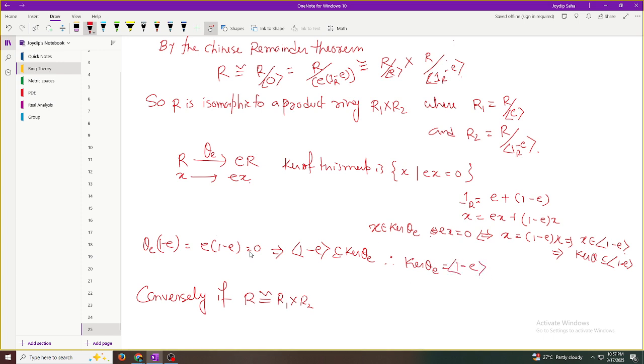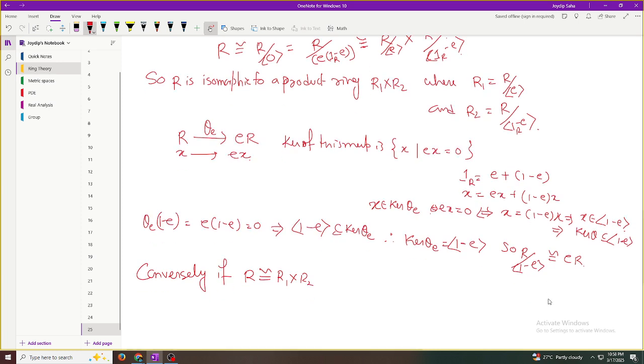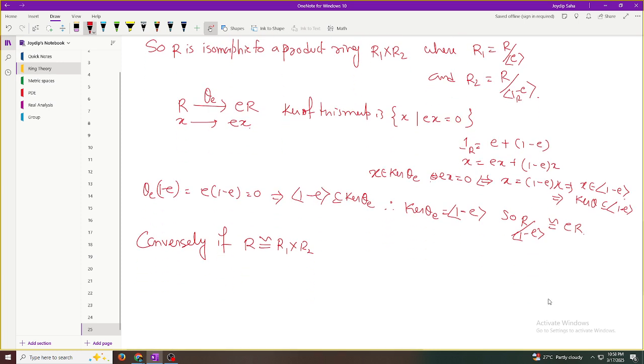By the first isomorphism theorem, R mod the 1 minus E generated ideal is isomorphic to the image, but theta is a surjective map, because if you take Ex, then the pre-image is x, so it is isomorphic to ER.